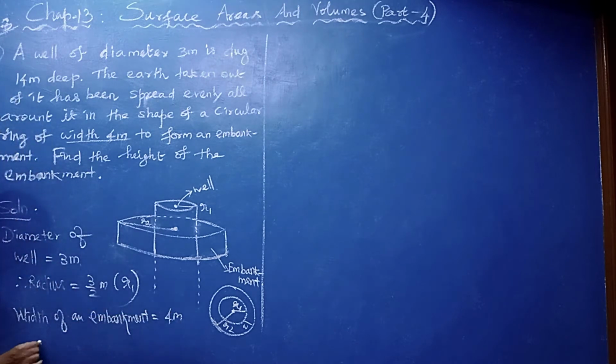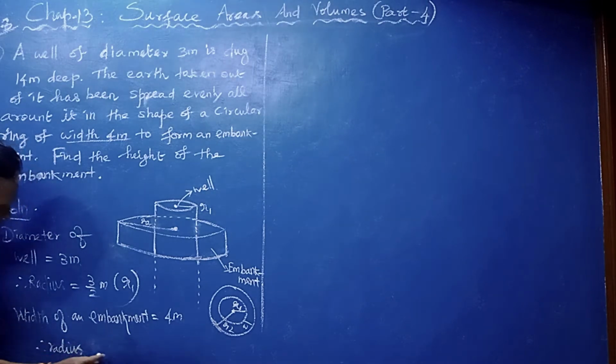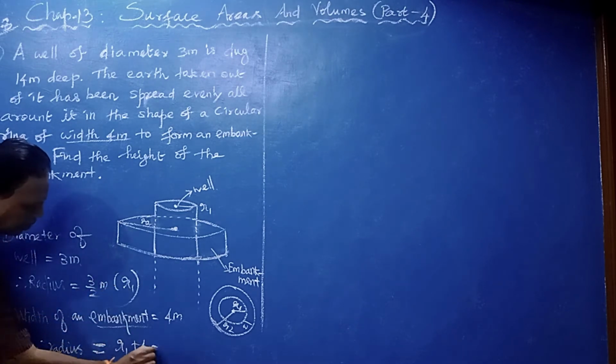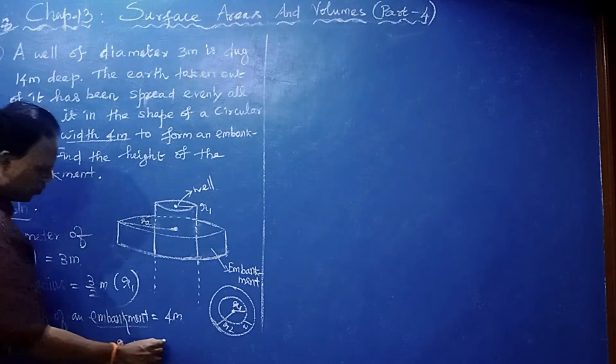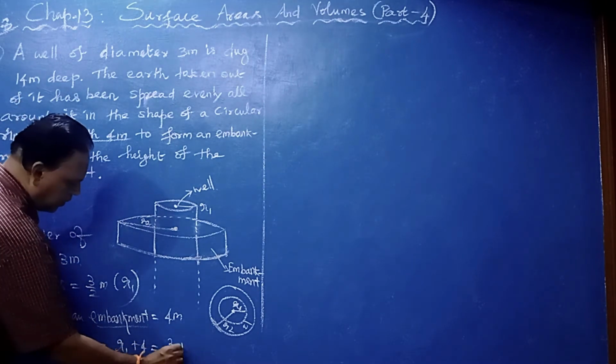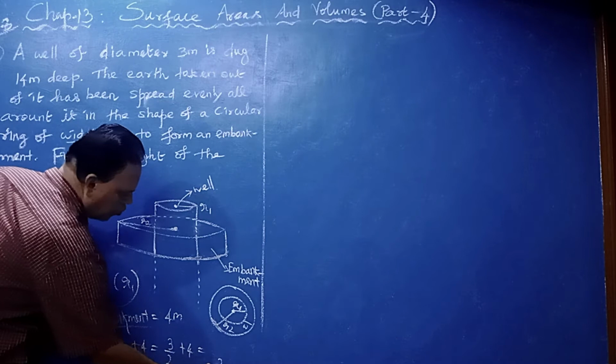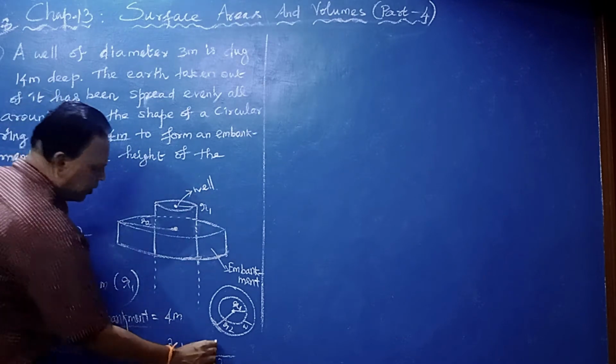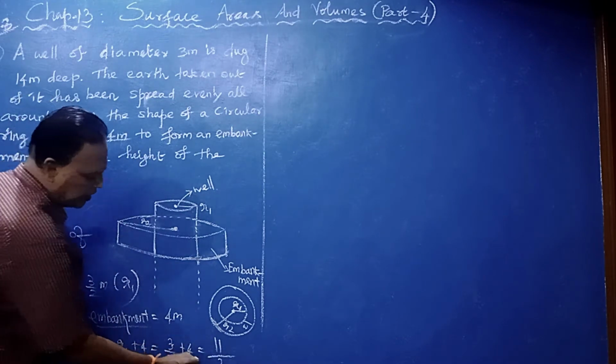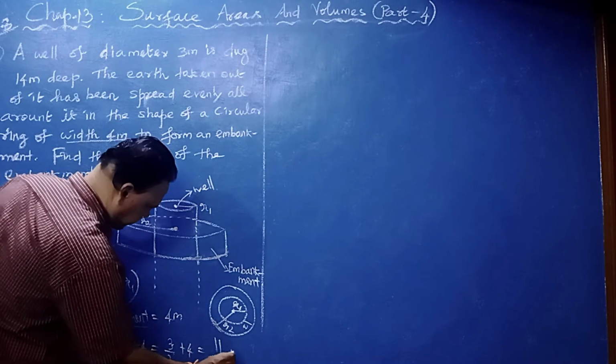Therefore, radius you can find out. Radius of embankment is R1 plus 4, that is 3 by 2 plus 4. Take LCM 2, means 8 plus 3, that is 11 by 2 meter.